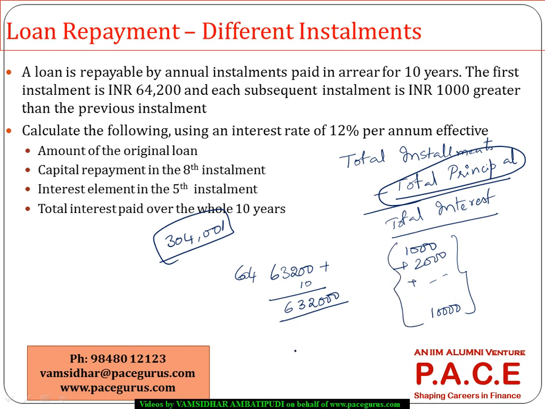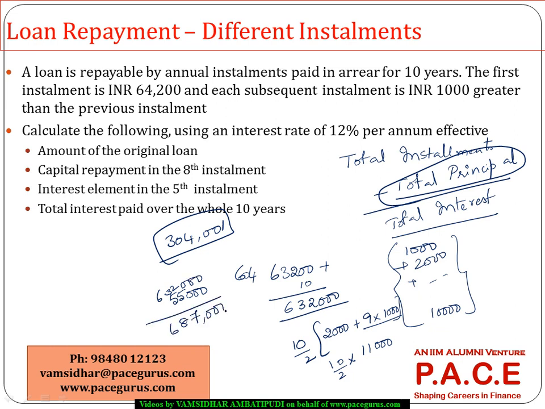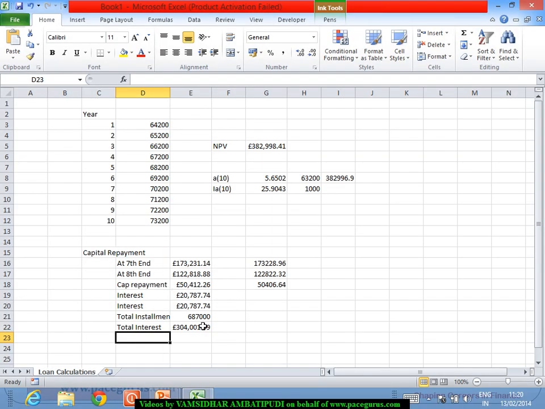The sum of 10 terms of an arithmetic progression is n by 2 into 2a, twice the first term, plus n minus 1, which is 10 minus 1, 9, into d, the common difference, 1000. So overall this is 10 by 2 into 2000 plus 9000, that is 11,000, which comes out to 55,000. 55,000 plus 632,000 gives me 687,000. This is the total installment that I have paid out.